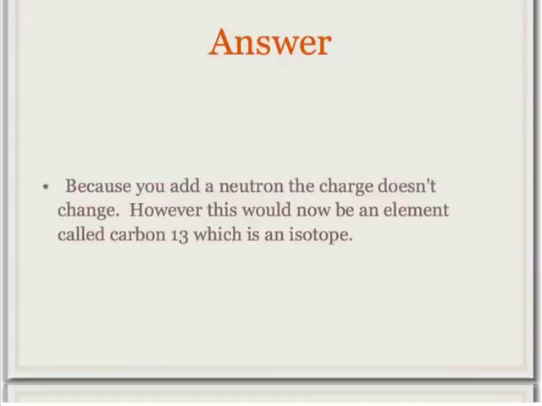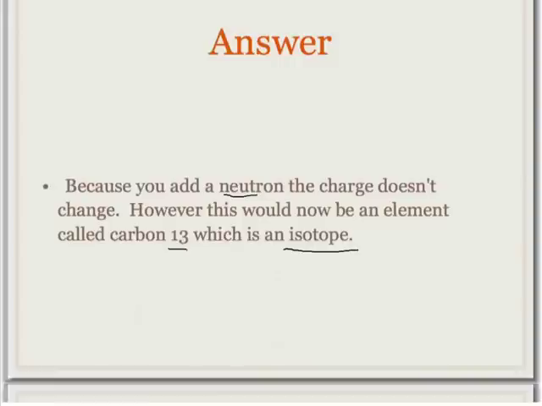The answer here is that if you add a neutron, the charge doesn't change, because remember, neutrons are neutral. However, this would now be an element called carbon-13, which is an isotope. An isotope is going to be important as we go on with radioactive decay. So it's still the element carbon, but now it's an isotope of carbon.